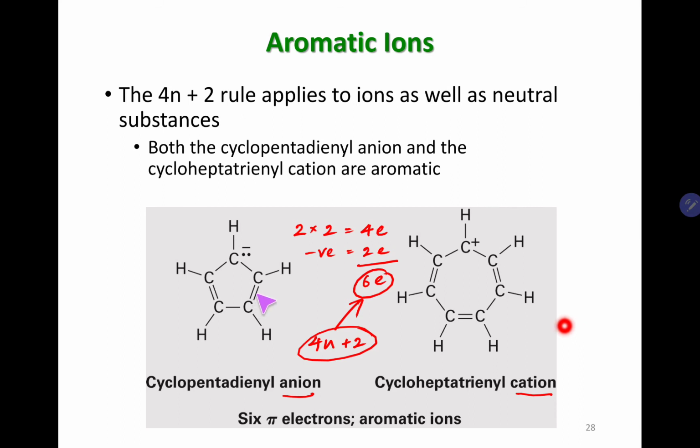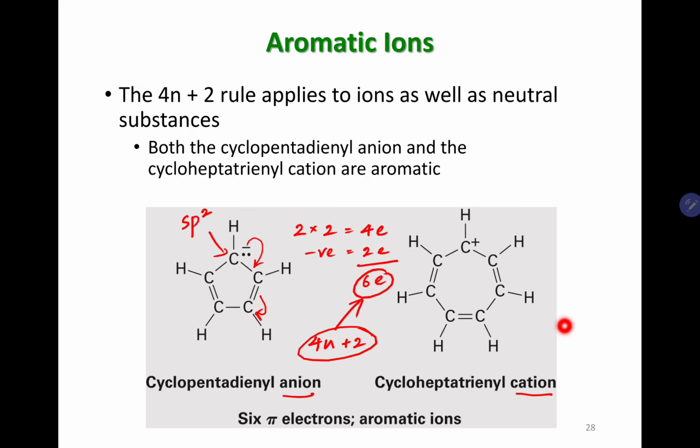And as you can see, these negative charges can help extend the conjugation. These negative charges can delocalize the pi electrons. So this is a monocycle and it is a planar structure. Why? Because these negative charges are also sp2 hybridized.